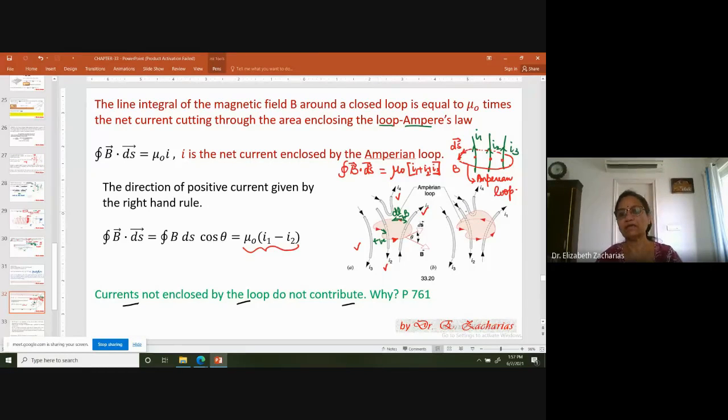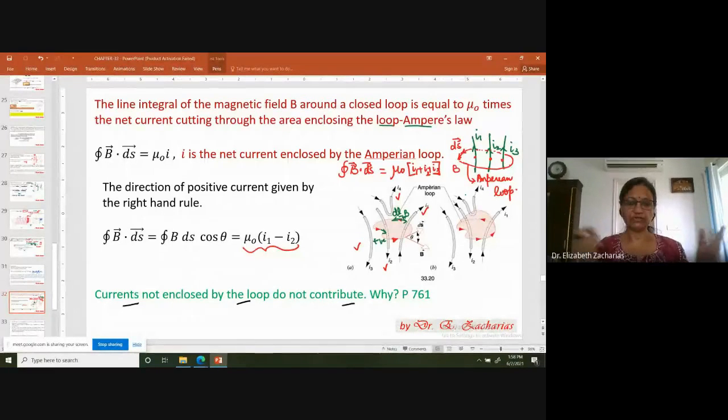Let us look at I4 and why it is not contributing. Actually, I am interested in finding integral B dot dl for the closed loop. I have a surface, but who says that the surface has to be straight like this? If I take a torn balloon, I'm sure all of you have played with balloons when you were small.